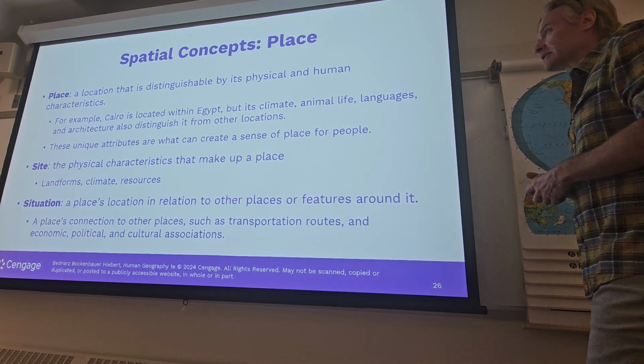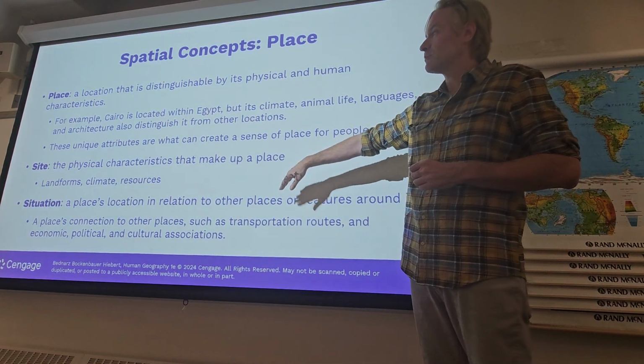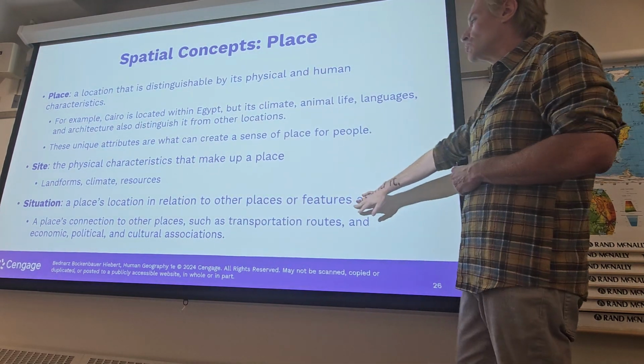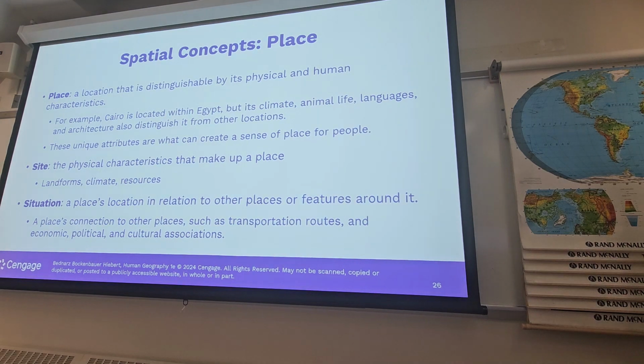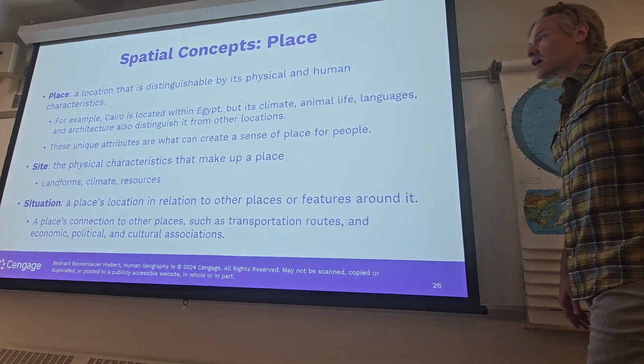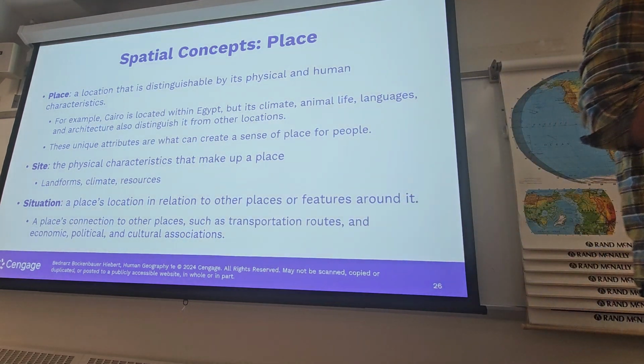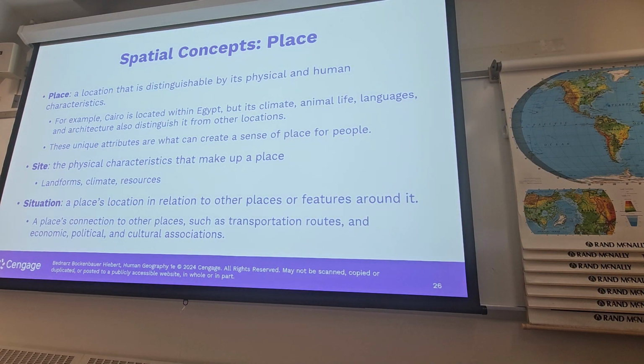Some other terms: site, the physical characteristics of a place; situation, a place's location in relation to other places or features. Geography really talks about situation a lot. It's like, okay, this is this place, but what is its situation?